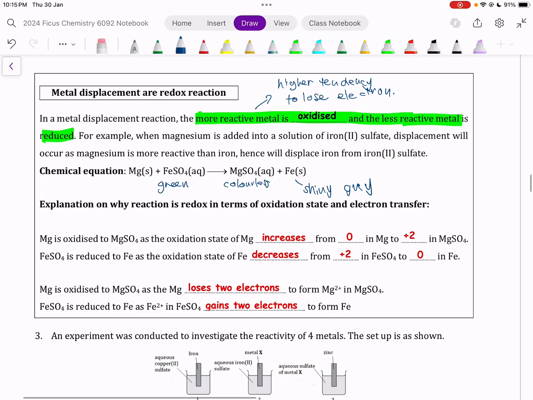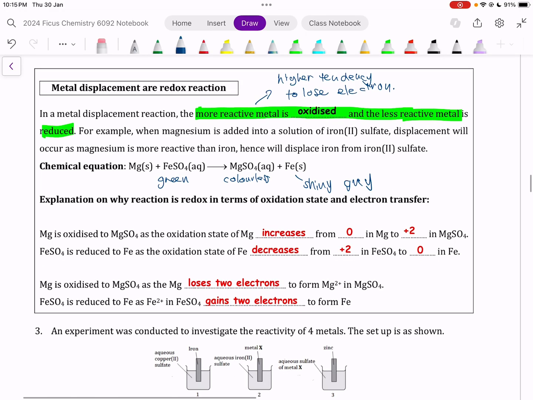Then you can explain it in terms of the redox. I hope you still remember the format. Whichever reactant is oxidized or reduced to whichever product, very important, as oxidation state. If you never follow this format, usually I'll penalize you and you're going to lose a lot of marks.